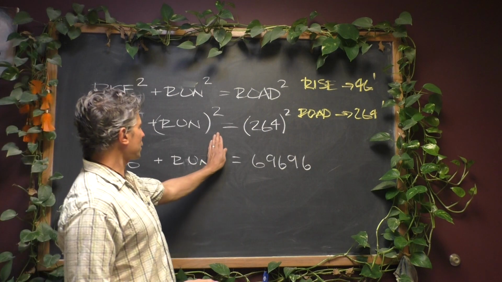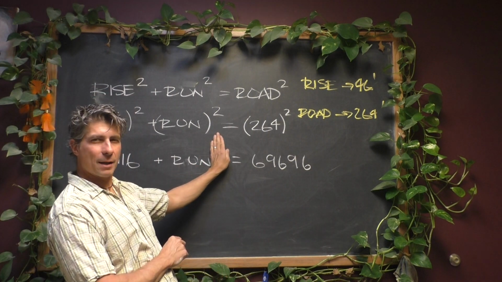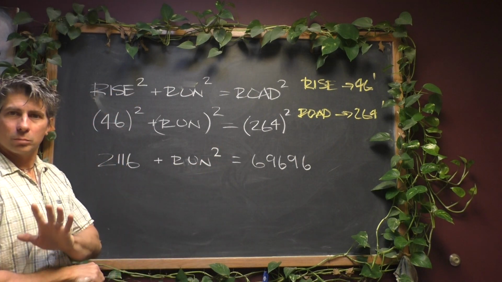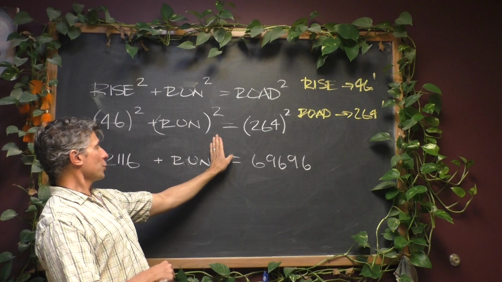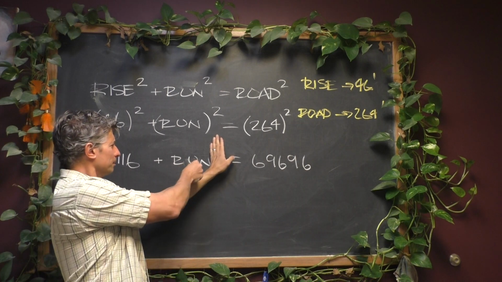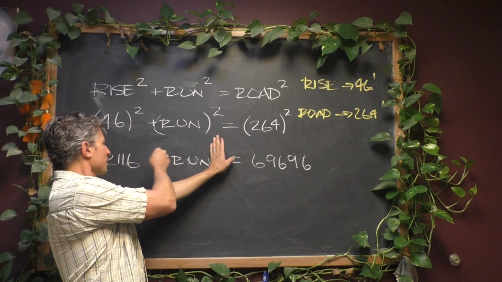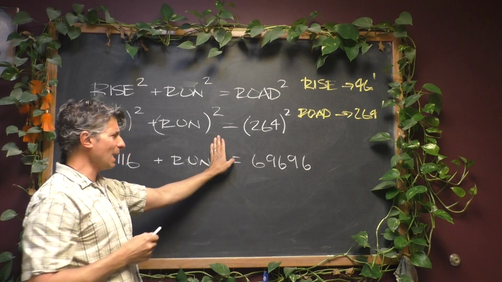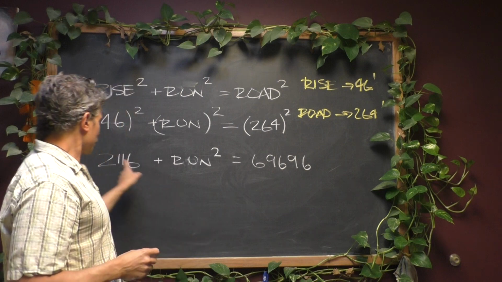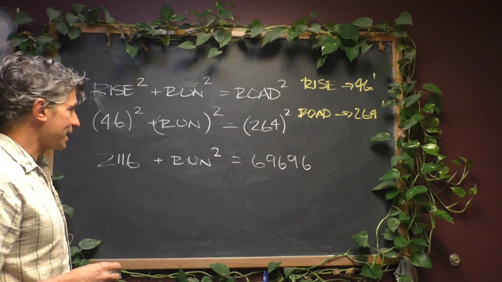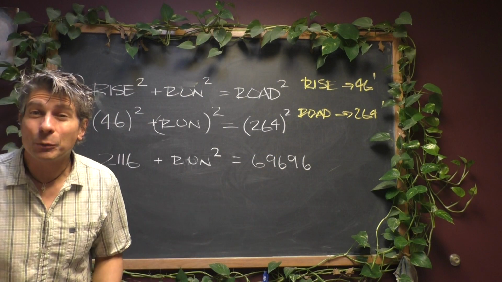If that was just the run, I bet you all know what you have to do next. You would say to yourself, well, if I add 2,116 to the run, I get 69,696. So I would just subtract the 2,116 over to that side. That's exactly what you do here.